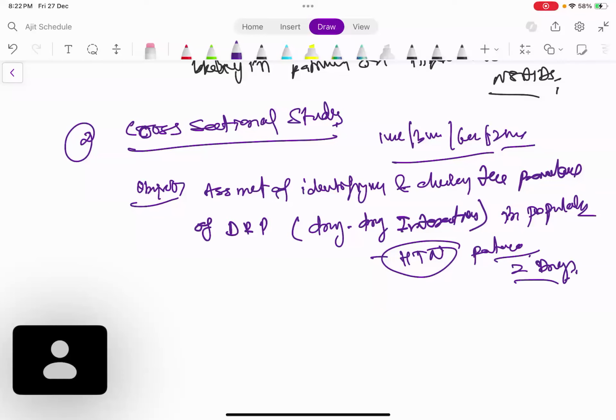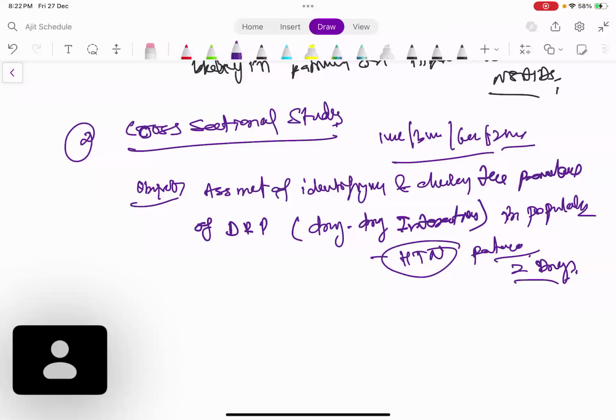So: assessment of the identification and prevalence of drug related problems, drug interactions, in the population with hypertension taking more than two drugs. If it is a cross-sectional study, usually it will be retrospective and not prospective.